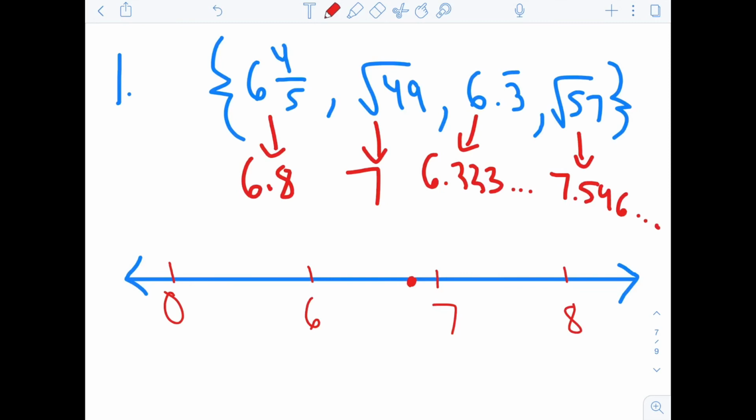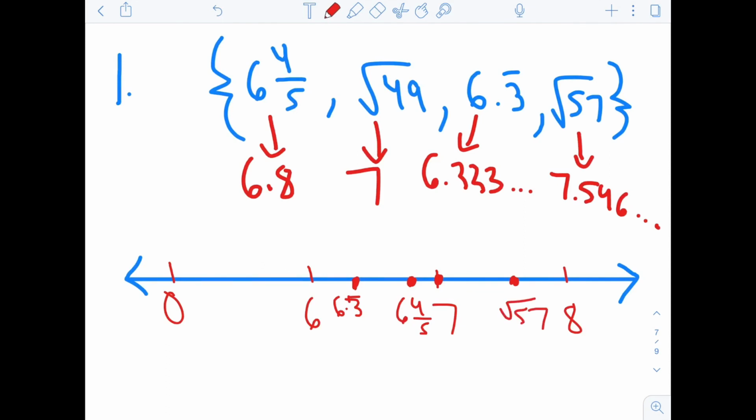So that's where the 6 and 4/5 goes. 7 just goes right on 7. 6.3333 is just under 6.5, so it's going to go right here. And root 57, which is a little over 7.5, is going to go right there, a little above the middle of 7 and 8.